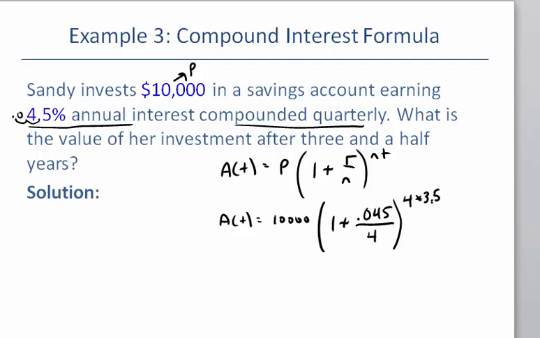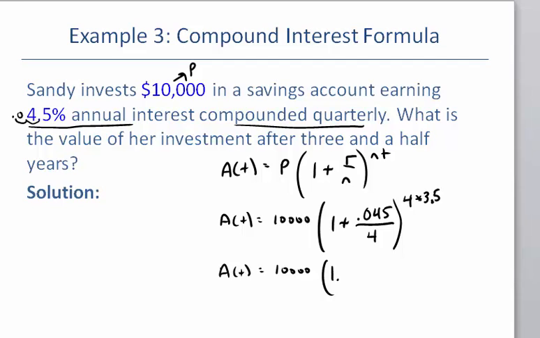Now, in terms of working this out, we do want to go to our calculator with it, but you may find that you want to do some of the calculations separately. For example, the 4 times 3.5 is going to be 14. So that could easily be done. You may also want to calculate this part inside the parentheses separately, typing in your calculator 1 plus 0.045 over 4.